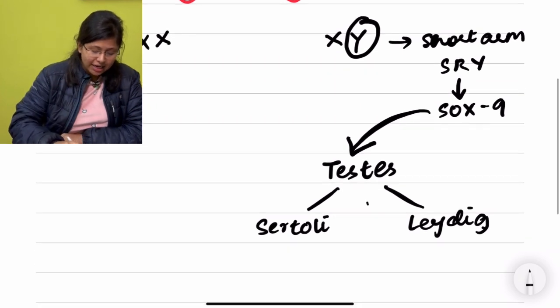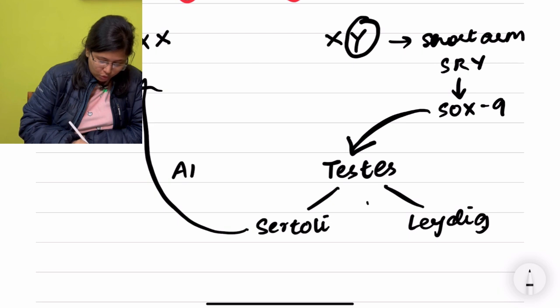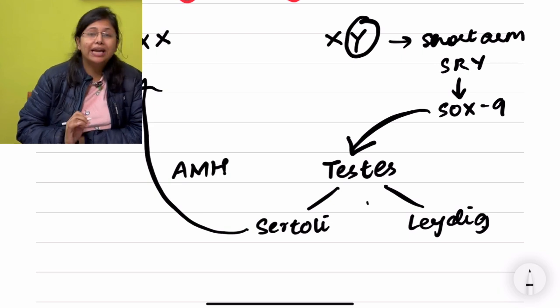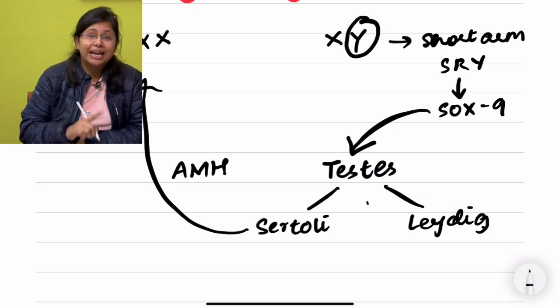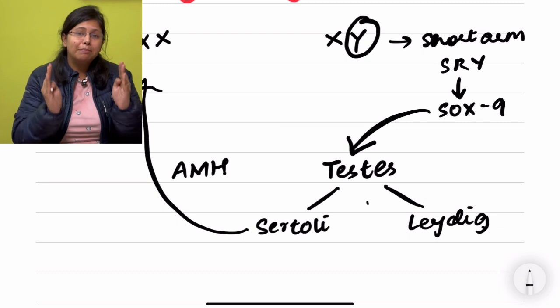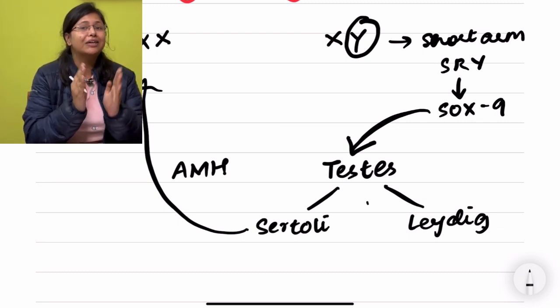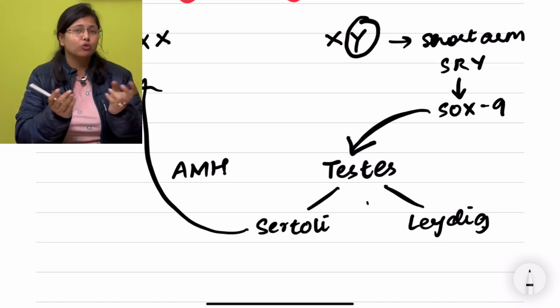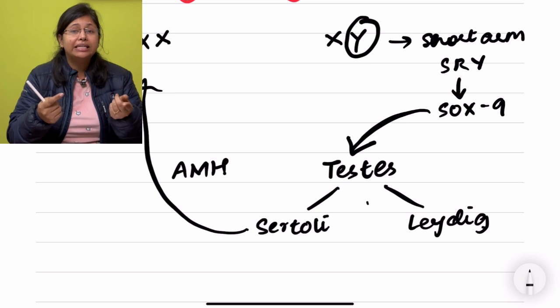For the Mullerian duct to go away, the Sertoli cell secretes a hormone called AMH, or anti-Mullerian hormone. As the name suggests, this causes the regression of the Mullerian ducts. So one part of the problem is taken care of. The Mullerian ducts have gone away, so the female internal genitalia, like the fallopian tubes, the uterus and the vagina, are not going to form. But now we need the Wolffian duct to develop into the male internal genitalia like the epididymis and vas deferens.